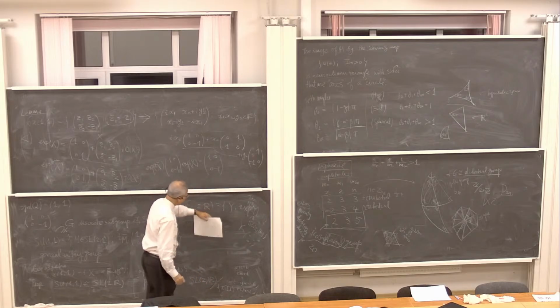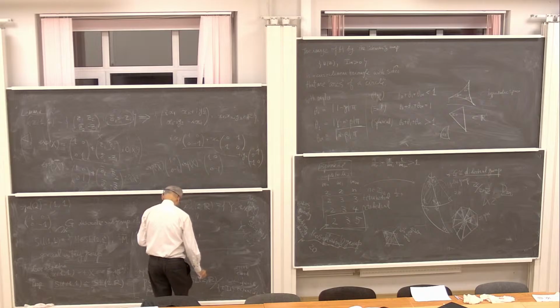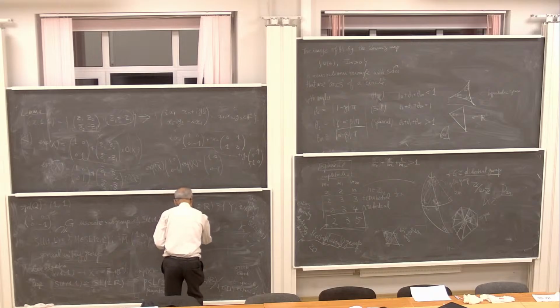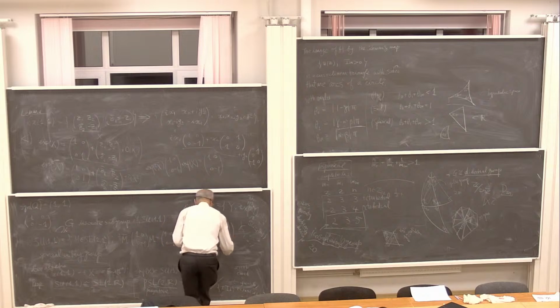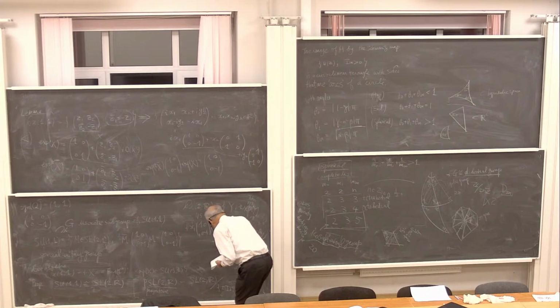So this is also an exercise, a well-known fact from linear algebra, that it has generators as a Lie algebra exactly the same. Plus x2 times the matrix (0, 1; 1, 0).